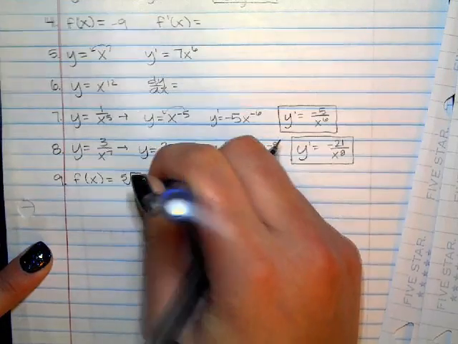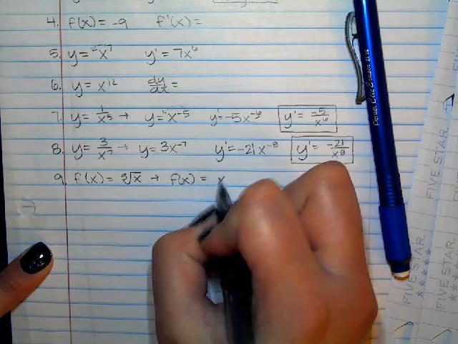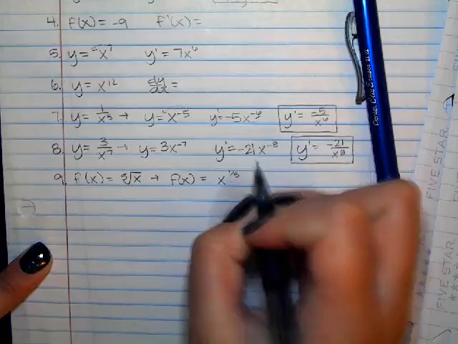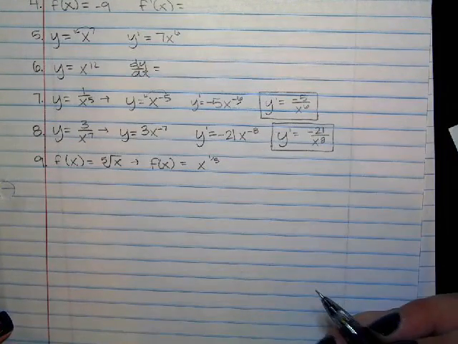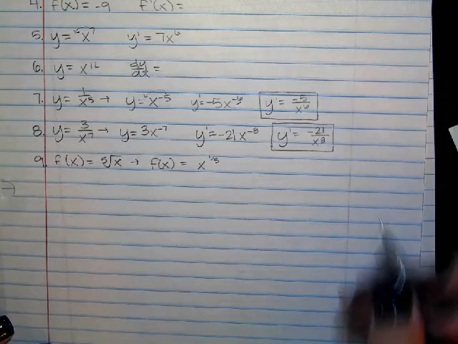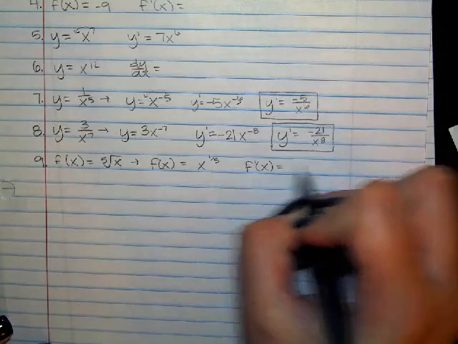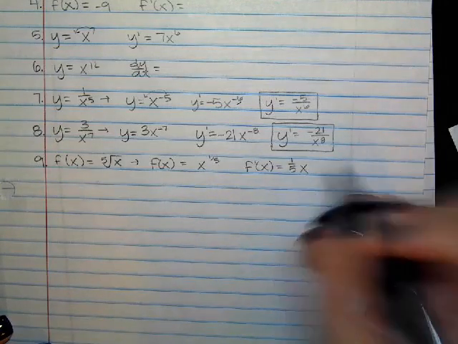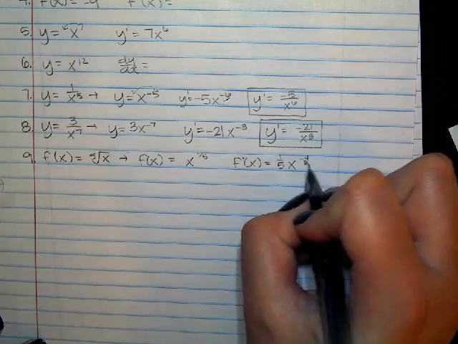Okay, so what should I do? Okay, so f prime of x is 1/5 in the front, x to the -4/5. Okay. So x to the 4/5.